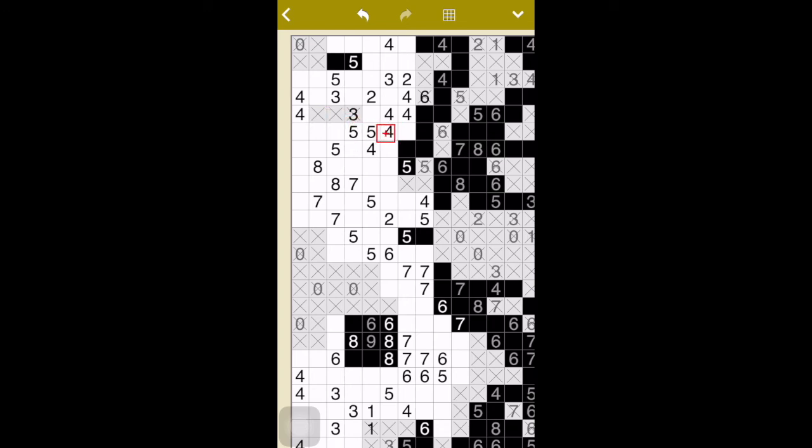5 and the 4, right? Difference of 1. I have one black space here, so I need to have at least 2. I only have space for 2 black spaces, so these 2 remaining ones become gray. So let me get these out of the way.